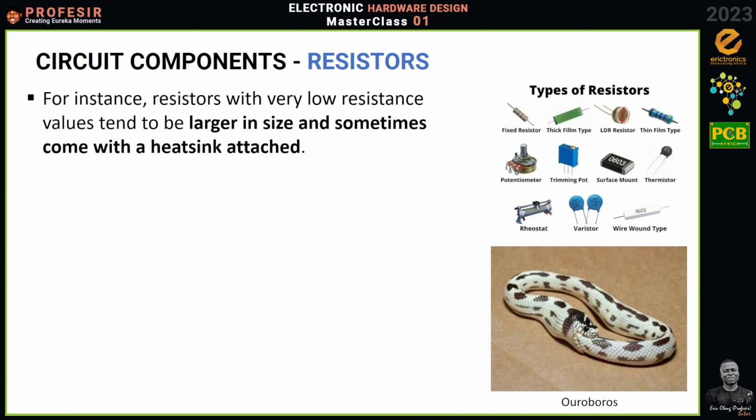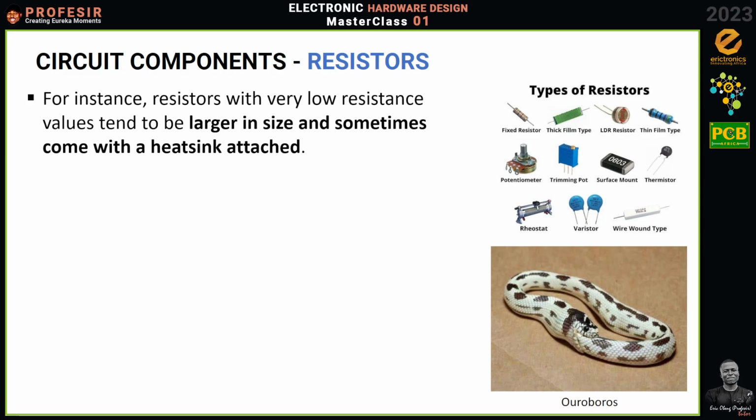Now, there are situations where we want so much current to pass, and if you look at the relationship between resistance and current, if we want more current to pass, that means resistance has to be very low, right? So resistors that are used for very high current applications need to be bigger by size, because they would be radiating a lot of energy.